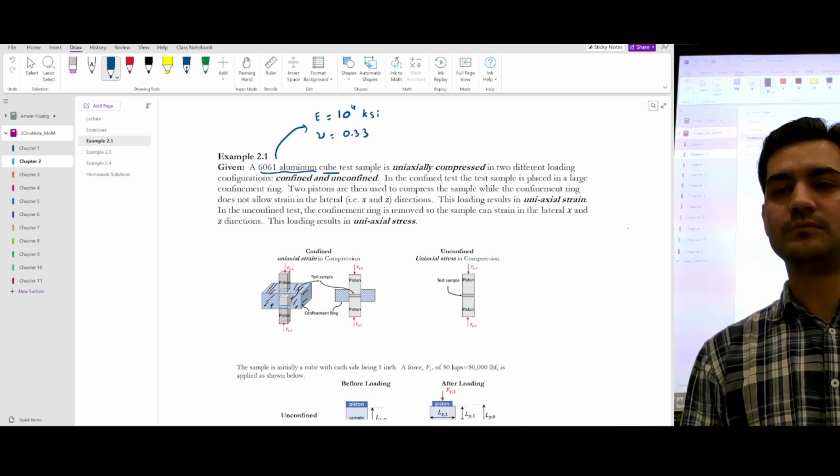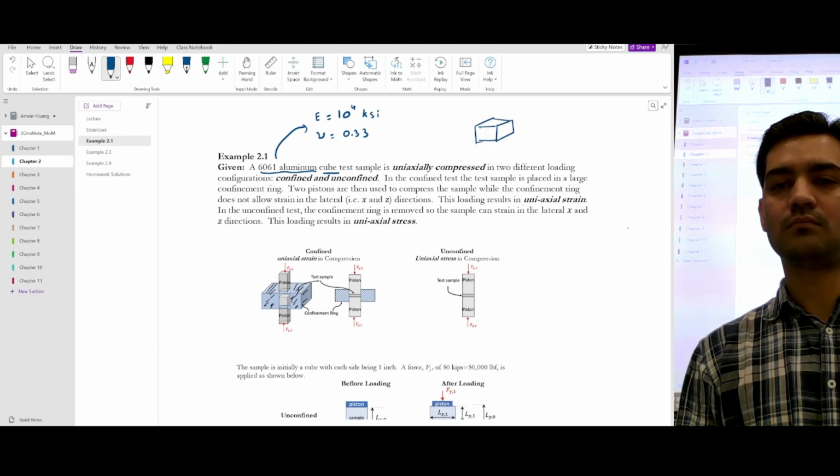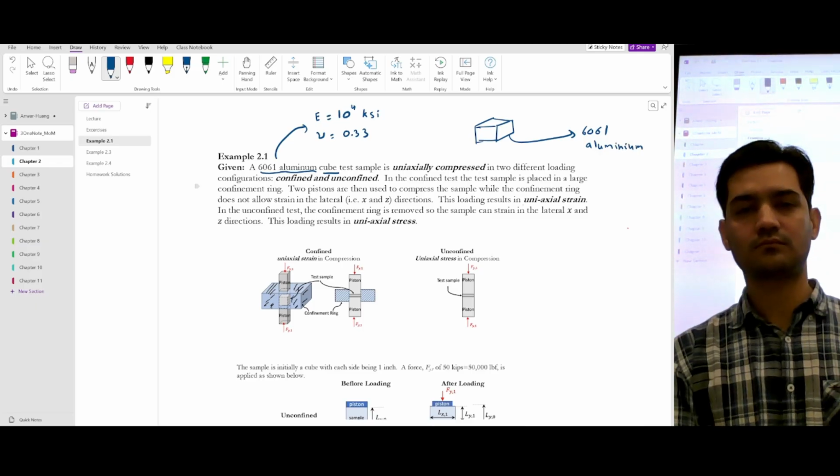And it's a cube. So this cube is made up of aluminium.